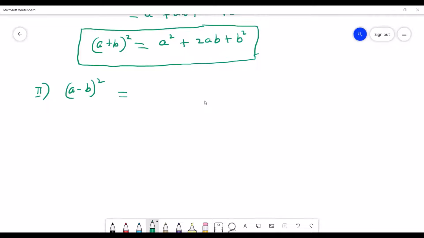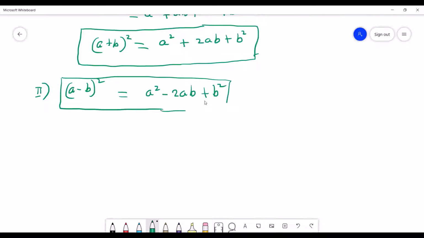In the same way, by multiplying, the final answer on the right side you are going to get a square minus 2ab plus b square. This is also a very important one that we should remember in our mathematical calculation in this 8th standard, as well as in higher standards.